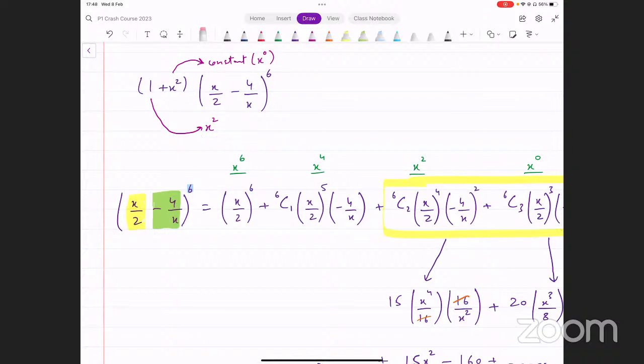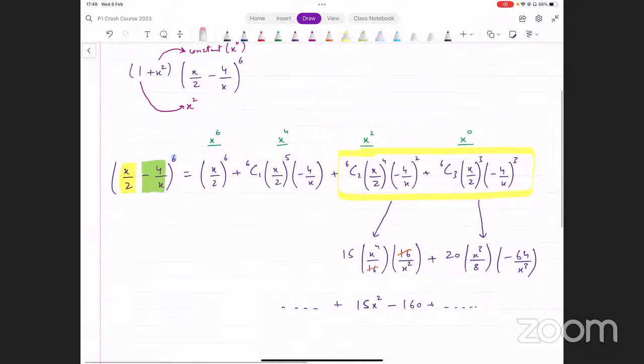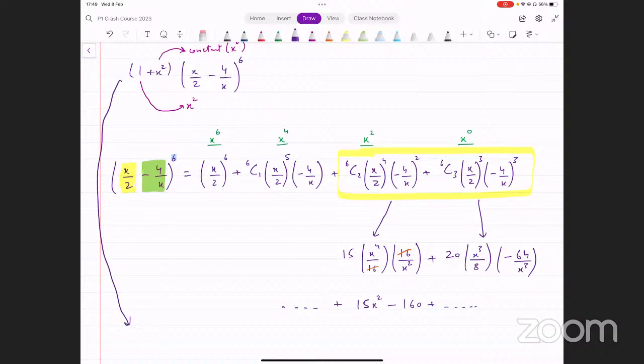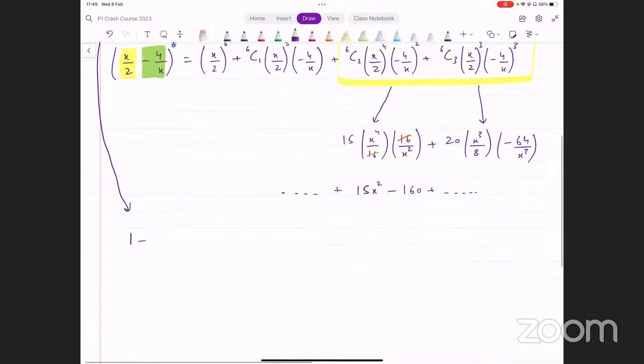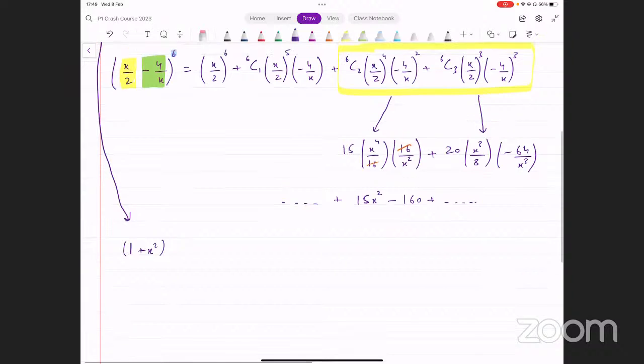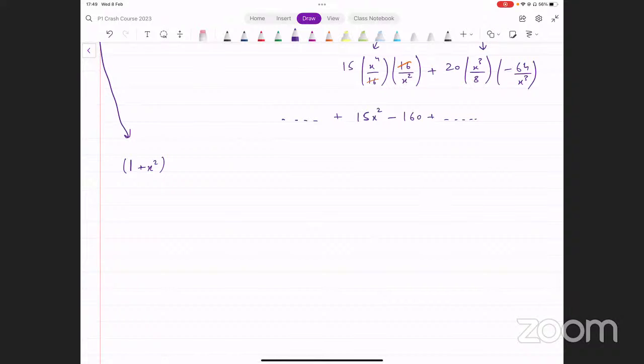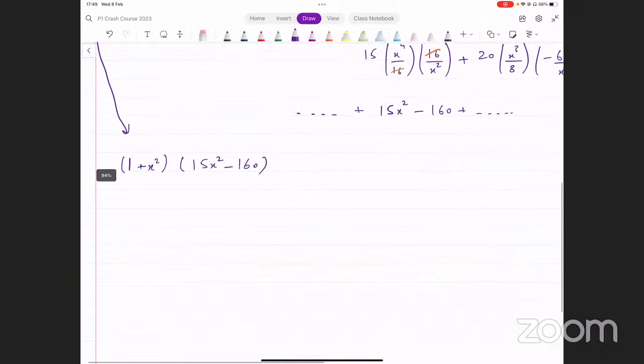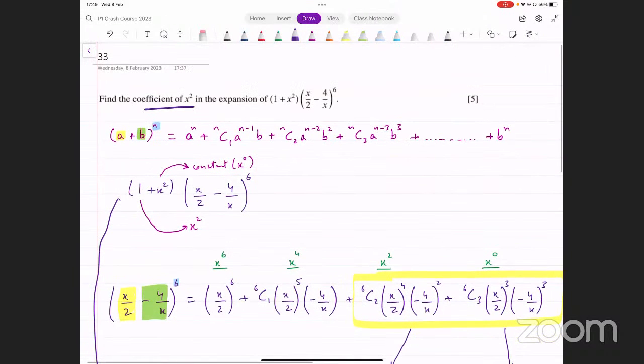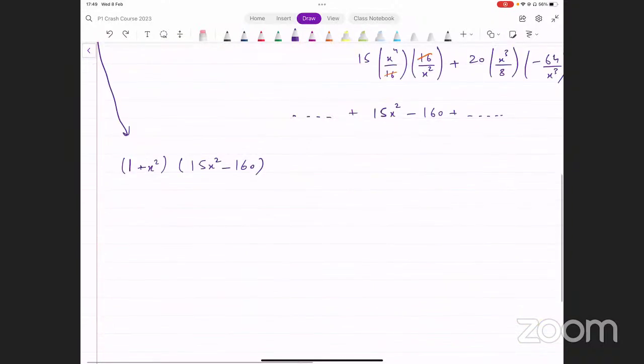All right. Now, let's just input these values in that original expansion that we had to do. What was that? 1 plus x squared into this expansion. Now, what did we need from that expansion? We just needed the x squared term and the constant term. We found that there: 15x squared minus 160. What are we looking for? We're looking for the coefficient of x squared. How can we get that?